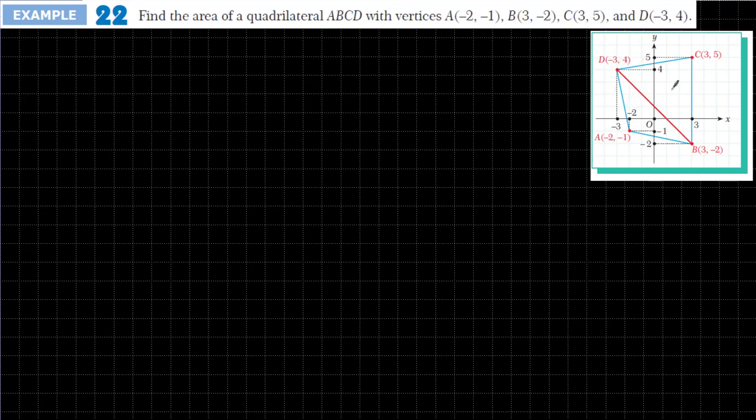So ABD is one triangle, then BCD is another triangle. So you are going to find the area of the two triangles, then you can find the area of the quadrilateral when you add them. If I name this A1 and this A2, A1 plus A2 is going to be equal to the area of the quadrilateral.